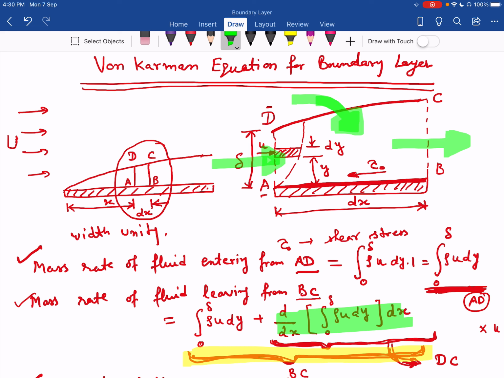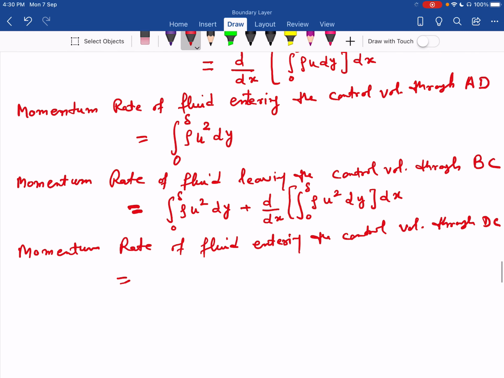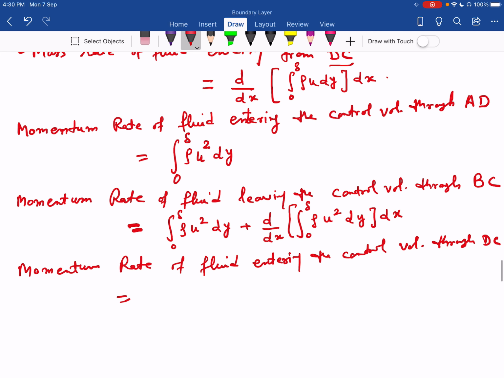So this entry is now with velocity capital U. So now I can write the momentum as this one, the mass d by dx, mass flow rate 0 to delta rho u dy into dx.